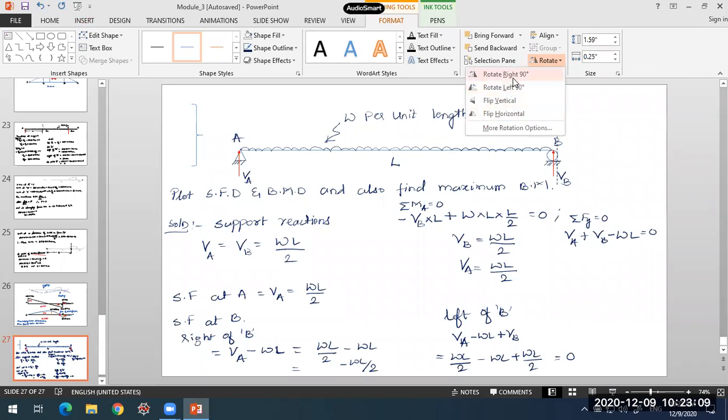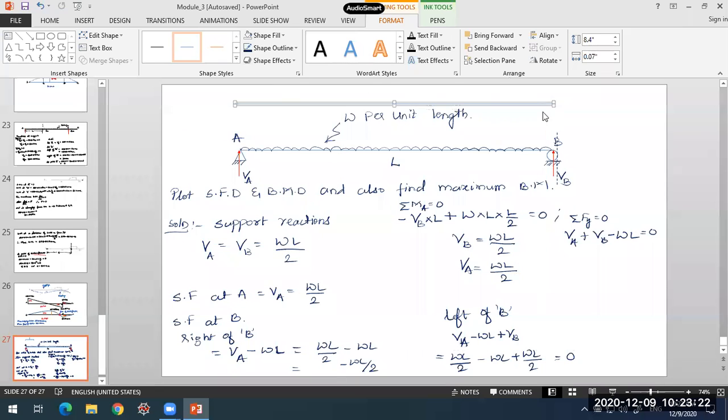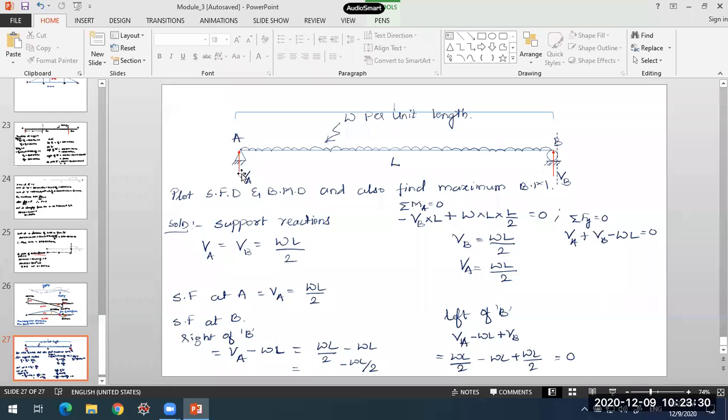We have VA, the UDL, and the support reaction at support B. I take the sum of all these forces: VA minus W into L plus VB.